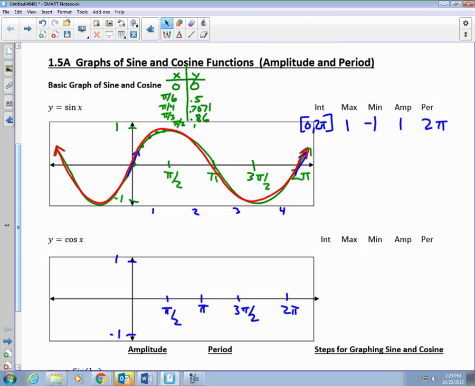It's after 2 pi units that it will do the same thing over again. So if you were to take this and move it, it would start to do that same thing all over again. Every 2 pi, it does the same thing over again, from 0 to 2 pi. Does that help a little bit?